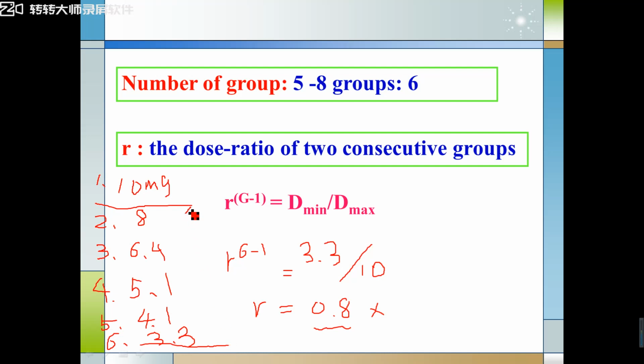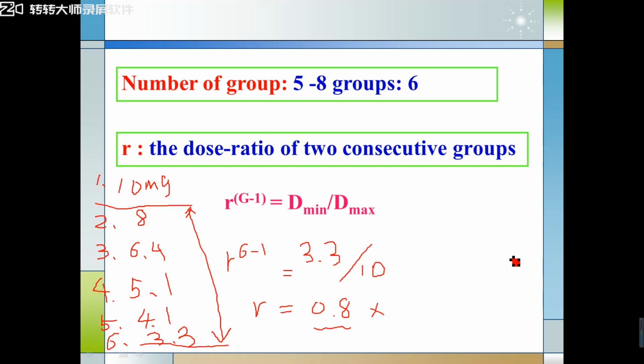And the LD50 is between them. We use the same ratio, R equal to 0.8, to dilute the drugs, and each group uses different doses of drugs.